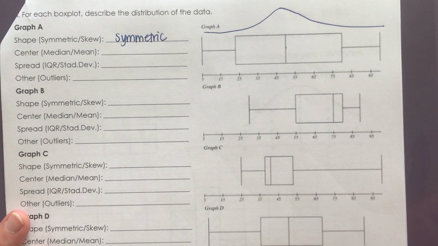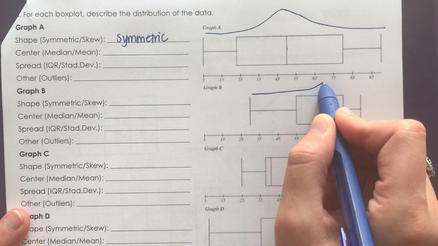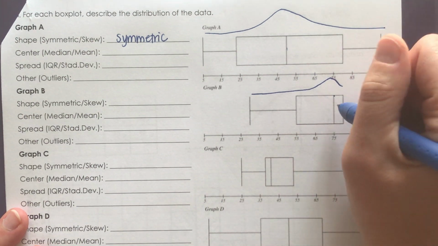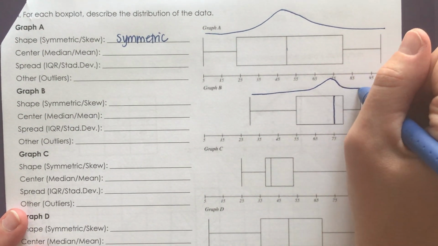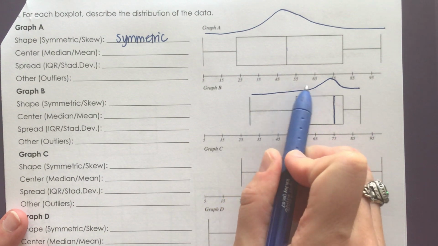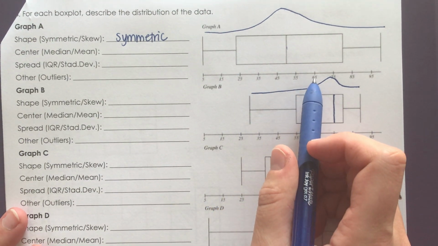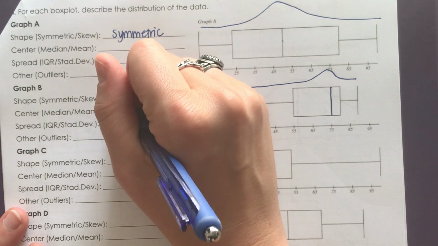Okay, number 2, it looks like I've got a really long tail, and then the hump would be over here where the center line is. That's the median, right? So I've got a really long tail on the left, so this would be considered skewed left.